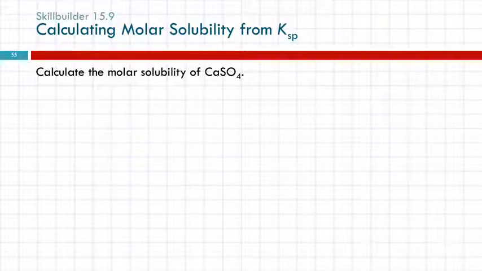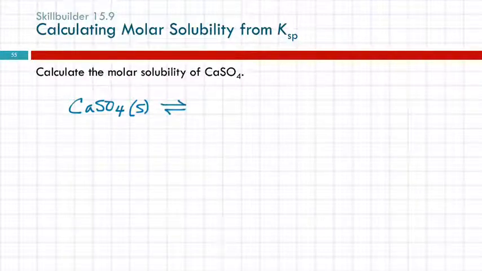Calculate the molar solubility of calcium sulfate. Well, it'd be a good idea to write the chemical equation describing how this dissolves. So calcium sulfate, a solid, in equilibrium with calcium ions and sulfate ions.